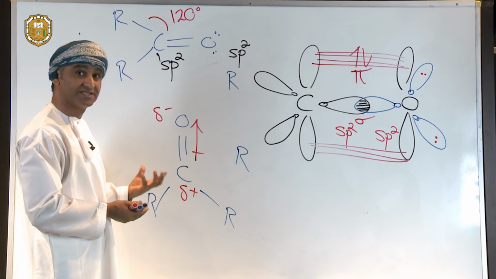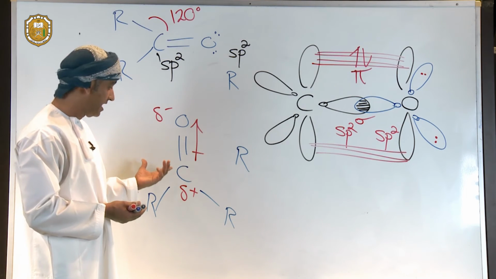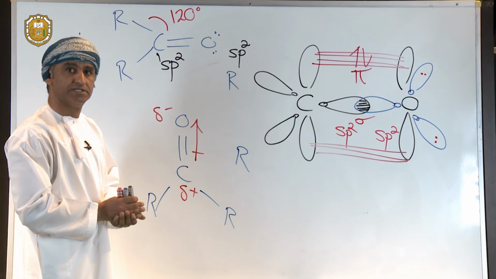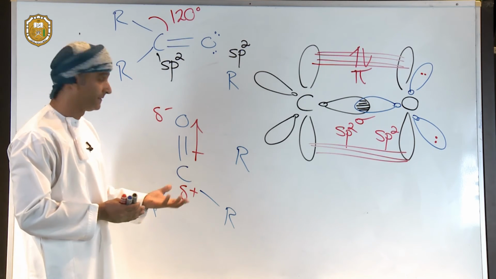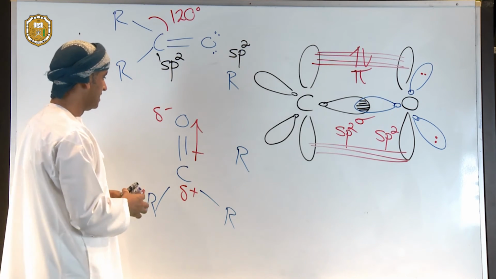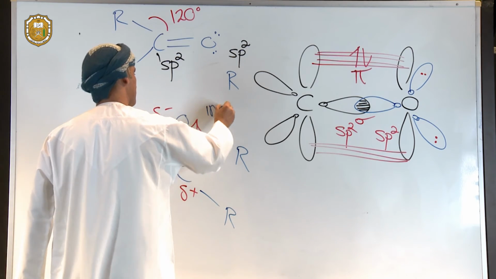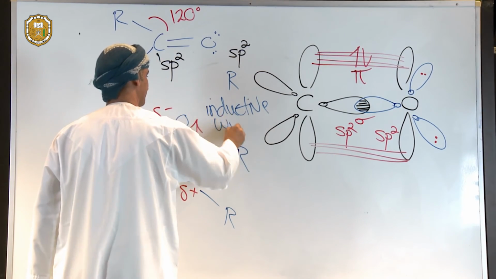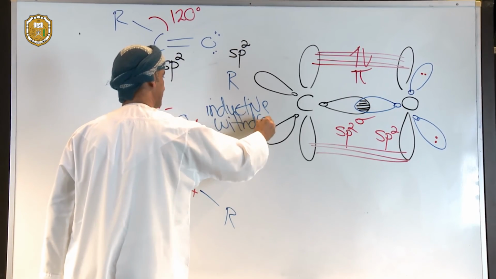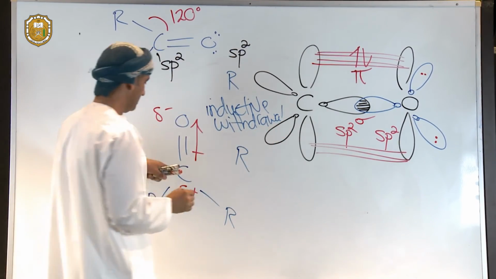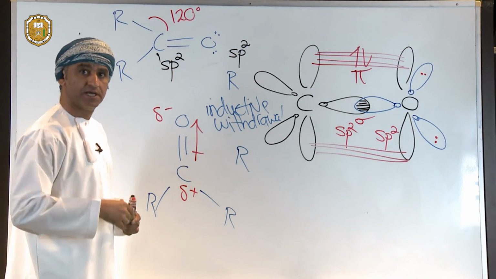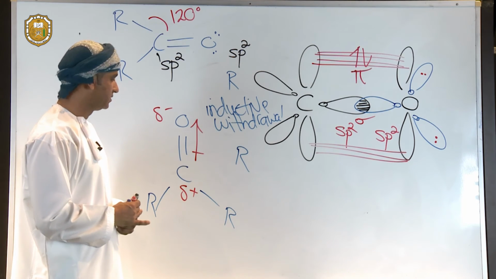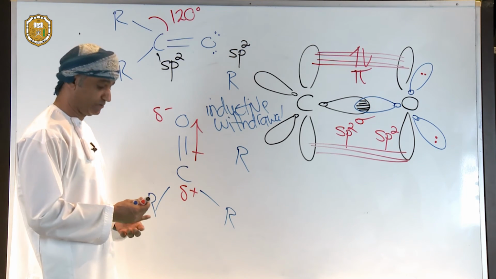And this indicates that carbon is electrophilic, whereas oxygen is nucleophilic. This is inductive effect. Again, inductive withdrawal. We can write that down. So this is inductive withdrawal. It is withdrawal of electrons from carbon by oxygen, a result of a difference in electronegativity between oxygen and carbon. Of course, oxygen is more electronegative.